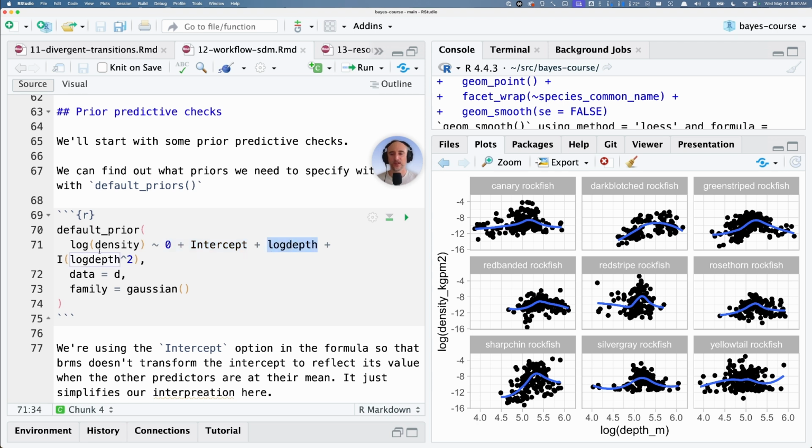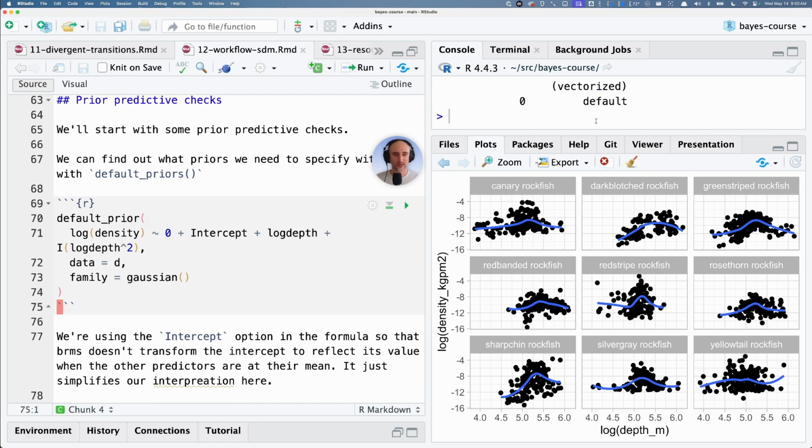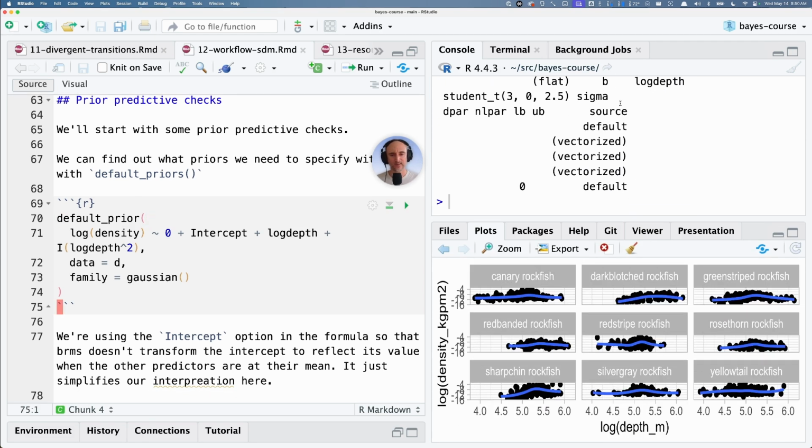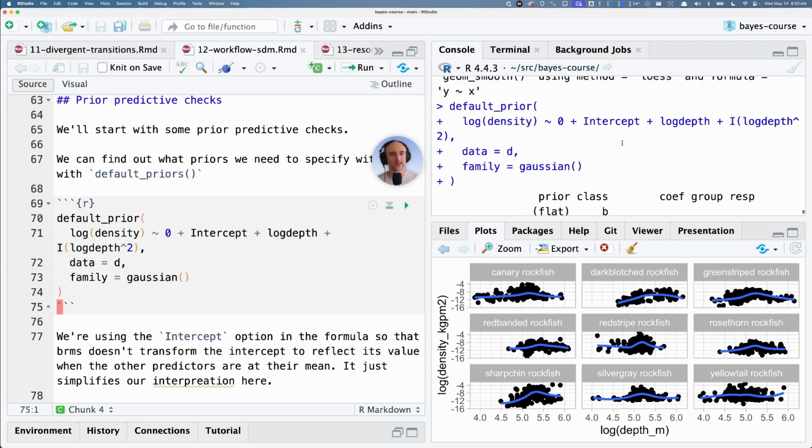With a predictor of log depth and then log depth squared, we have to protect that with a capital I, which is just identity. It just tells R I actually want the square of this as opposed to the interaction with itself. So this lets us get that. We could have done this with poly(log depth, 2). That would have worked as well. But I'm writing this out here to be explicit about what's happening.